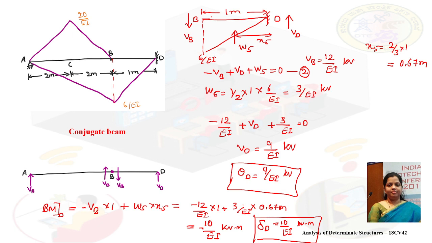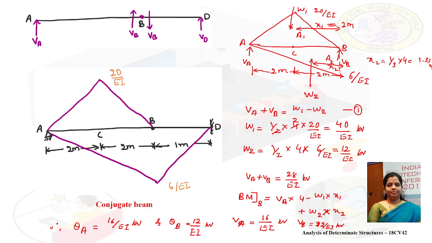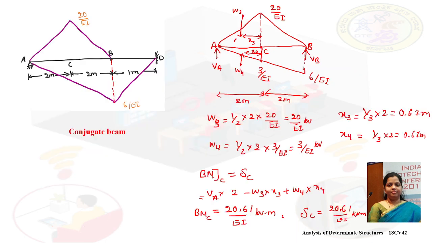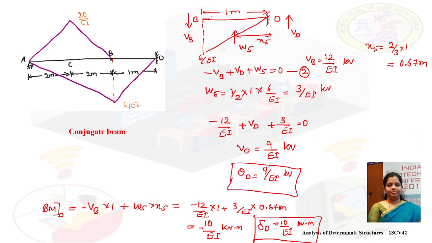Hence, the problem is completed. So, we have calculated theta A, theta B and delta C using only portion AB, and we have calculated theta D and delta D considering only portion BD.